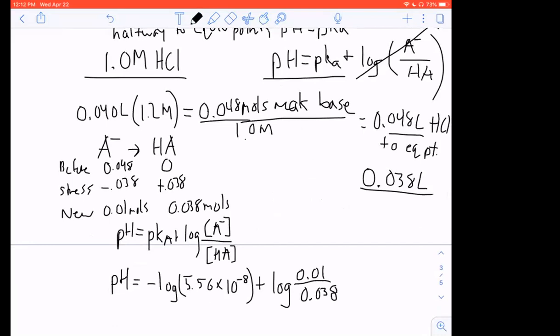If you like to use the Henderson-Hasselbalch equation, I would recommend having it available, because it's a more complex equation. When you type that in your calculator, you should get a pH of 6.675.